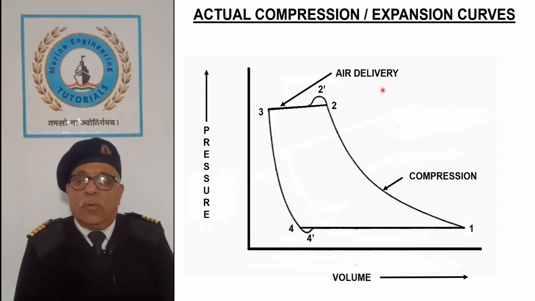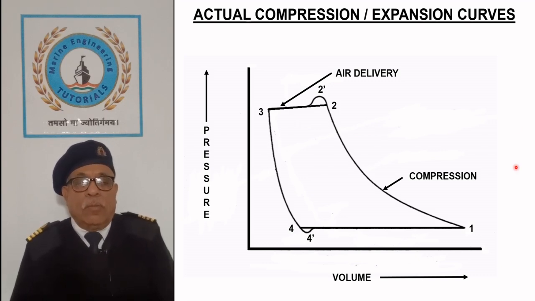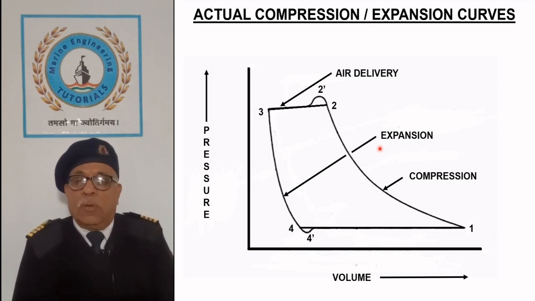Theoretical delivery stroke is 2 3, whereas actual delivery stroke is shortened to 2' 3. The pressure in the cylinder has to increase above the delivery pressure. Theoretical expansion stroke is represented by 3 4, but it is extended up to 4' to overcome the force of suction valve spring.